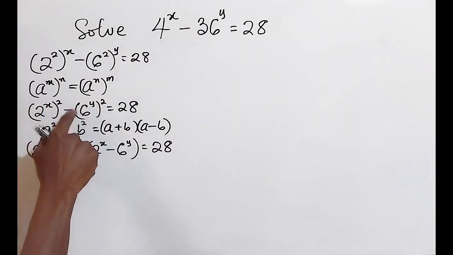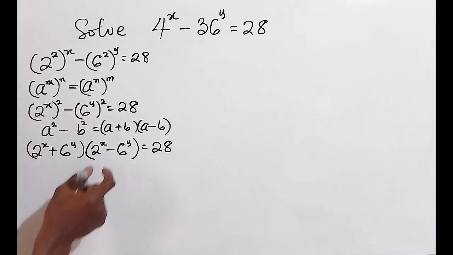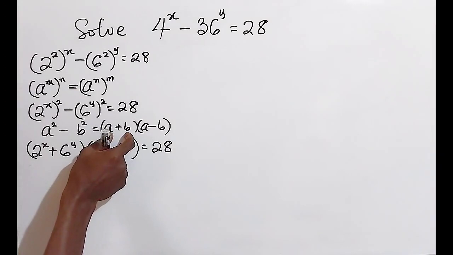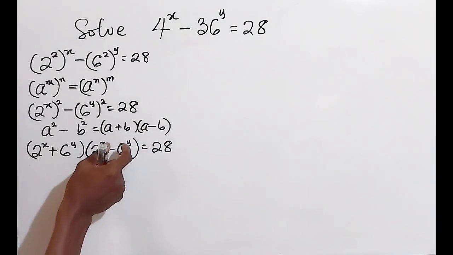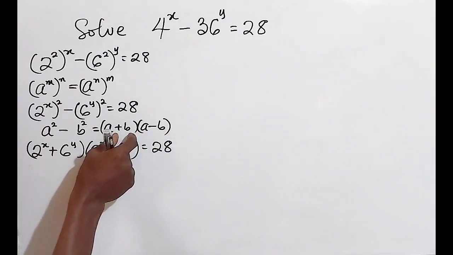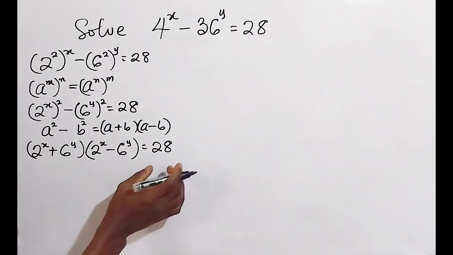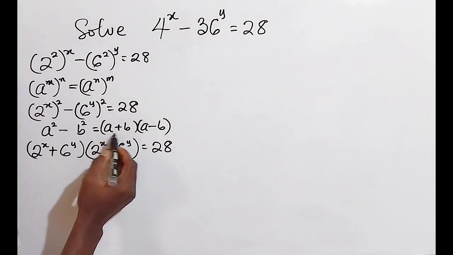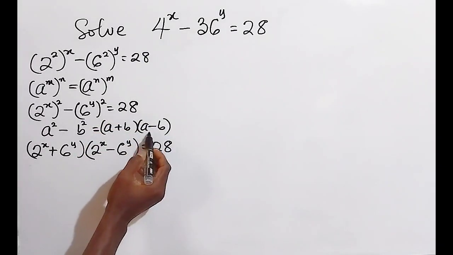The result of this also will give us an even number, which implies that when we add them, it will also give us an even number, and when we subtract them, it will also give us an even number, which implies that two even numbers being multiplied should give us what? 28. And you can see from here a plus b, a minus b, which implies that this sum should be greater than their difference.